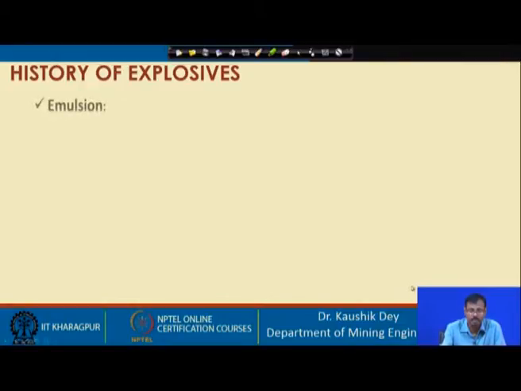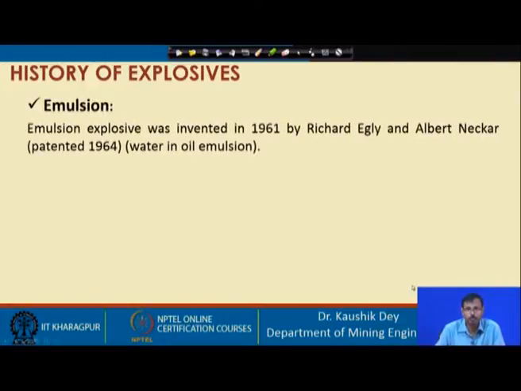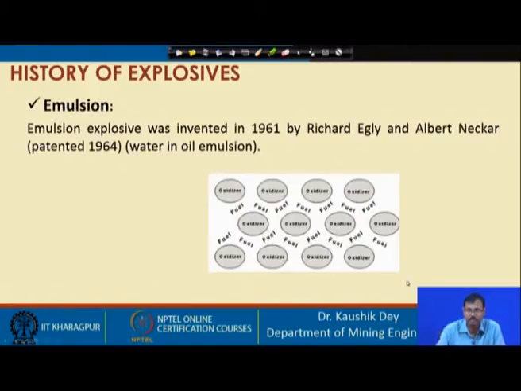Similarly, the last explosive developed for commercial purposes is the emulsion, where the slurry explosive has been modified. Here water-in-oil emulsification was carried out in the 1960s, and presently the 3 very popular forms of explosive are emulsion, slurry or ammonium nitrate fuel oil.